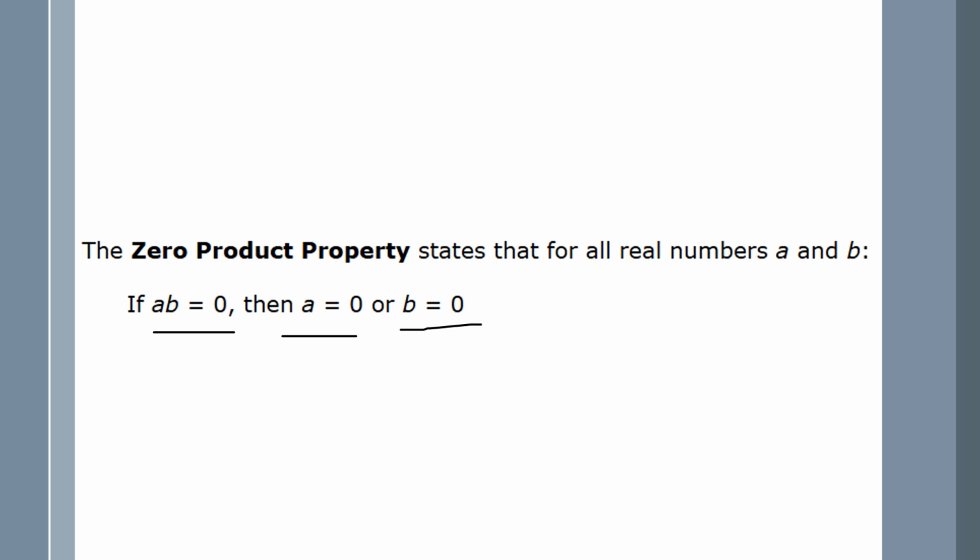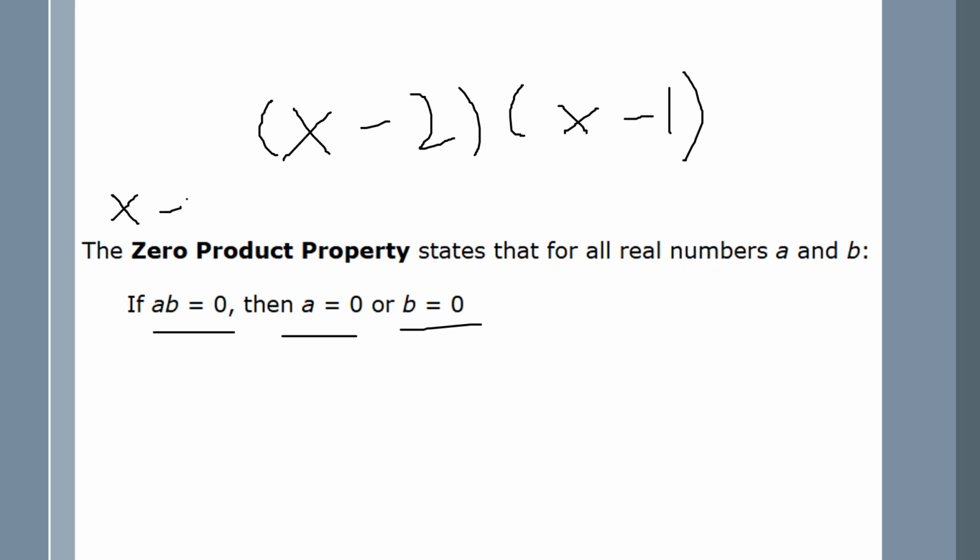And this is referring to the factors. Like the previous problem where we had x minus 2 and x minus 1, when we have that going on, we could set each of those to 0.